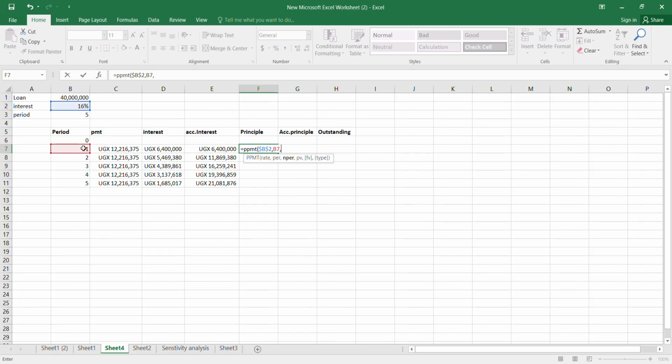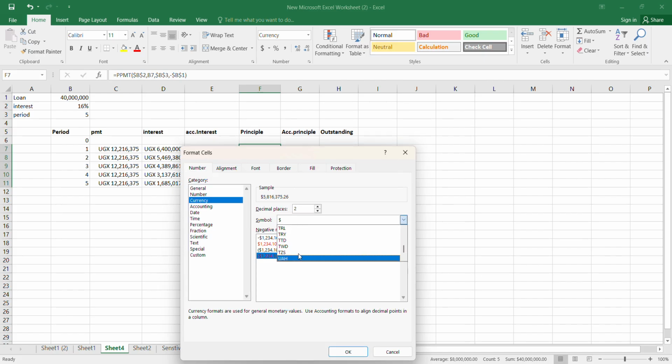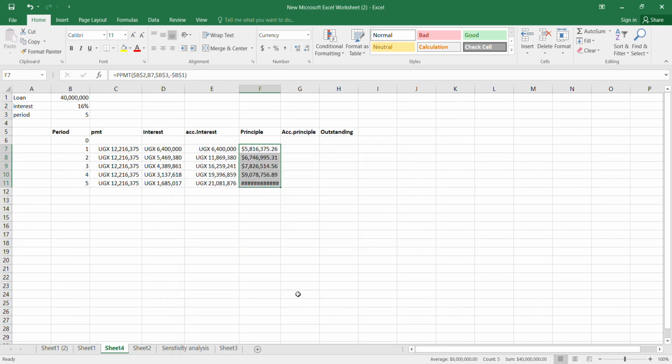We don't fix this, comma, and then you take the NPER, which is the period for the full loan, and then you fix this. Then we shall have the payment value, but we put it as a negative. Then we fix it also. If you press enter, you autofill this. You format cells to UGX. You just press U and UGX, and then reduce the decimal points.